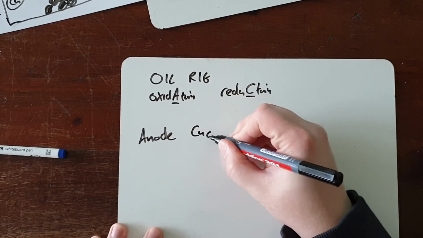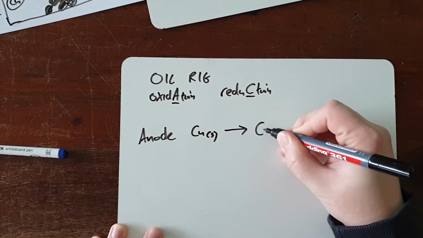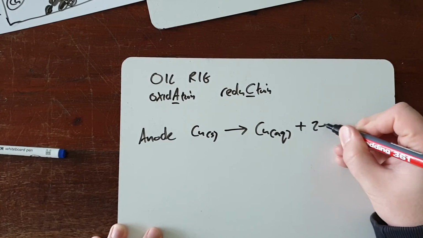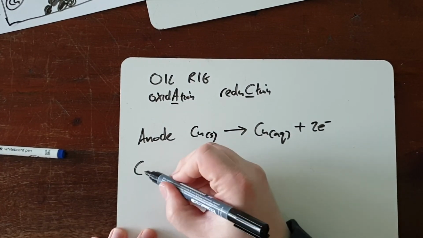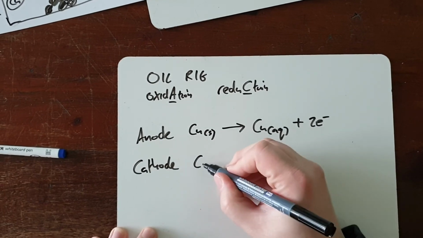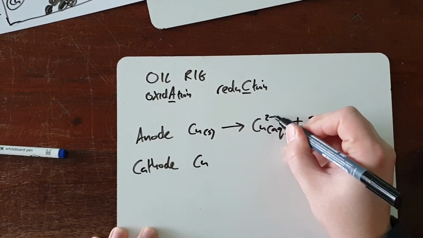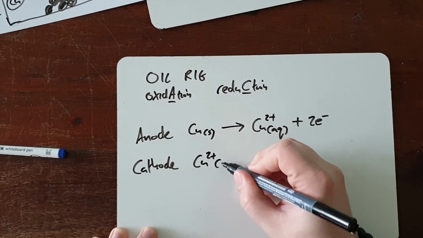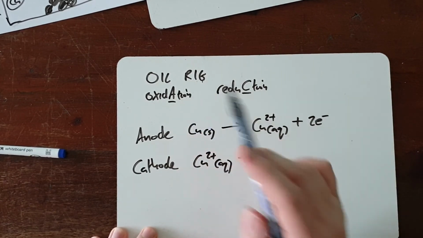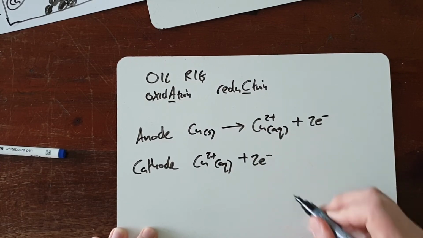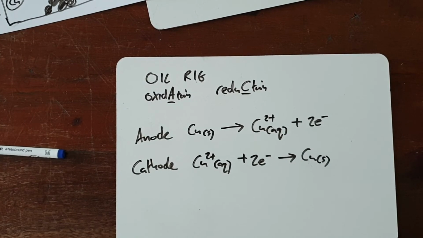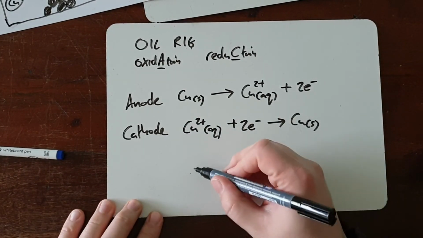So we've got solid copper losing electrons and turning into aqueous copper in the solution. And at the cathode, we're taking that copper from the solution, sorry, that should be Cu2+ aqueous, and its reduction is gain. It's gaining electrons. So it's gaining those electrons and it's turning into solid copper.